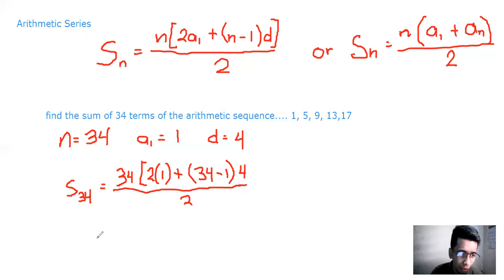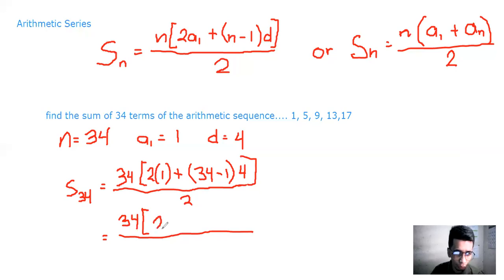Na-substitute na natin. Then, execute na natin yung operation. Unahin natin, copy na lang natin. So, we have 34. So, 2 times 1, that is 2.